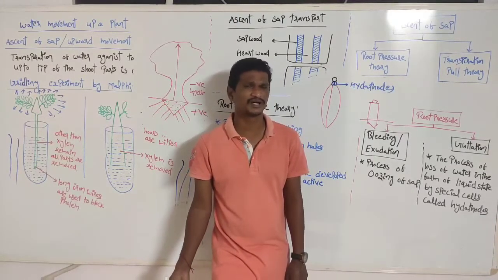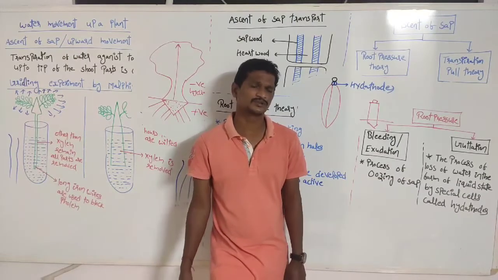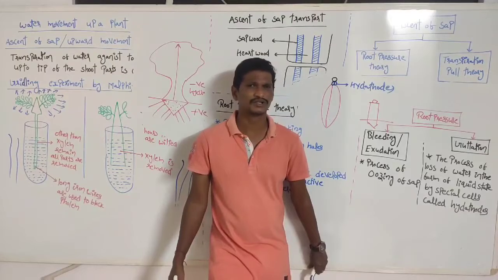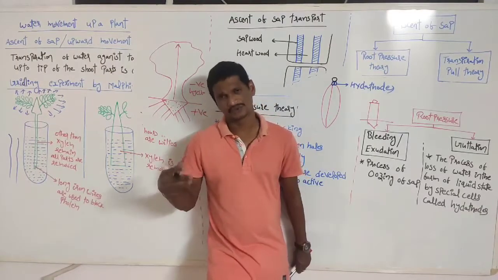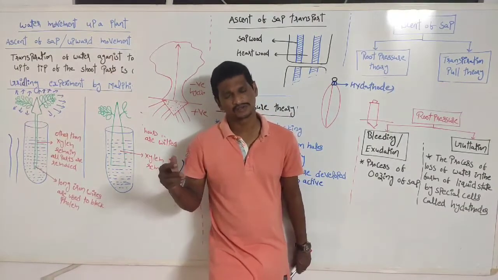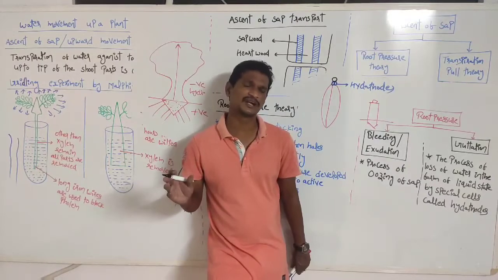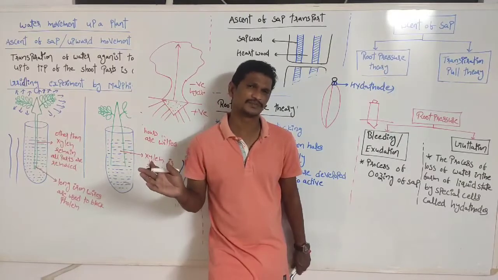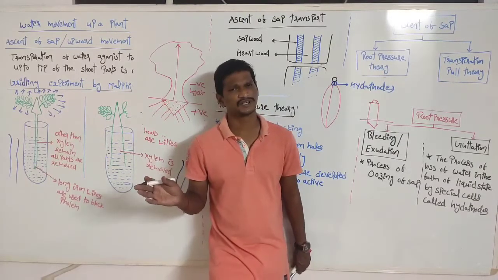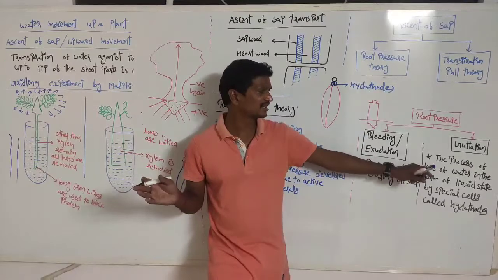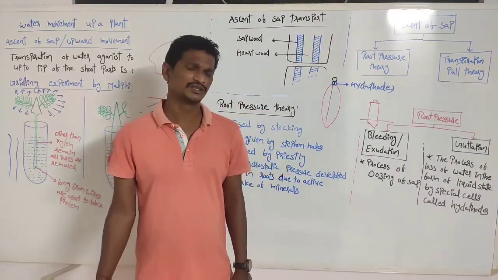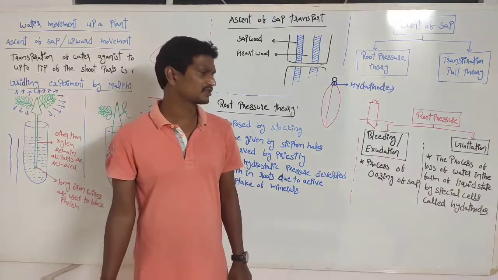But during the night time there is no transpiration, and some plants still require minerals at night. So to supply the minerals, some plants lose water in the liquid state. That process is called guttation. The main theme of guttation is the transportation of minerals.